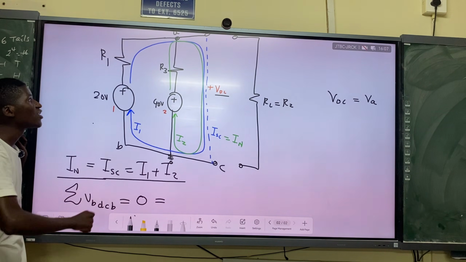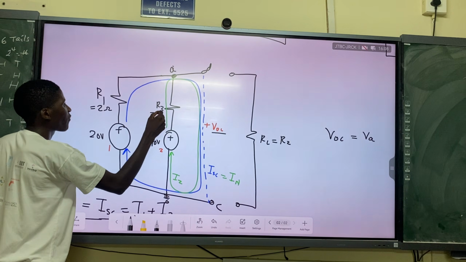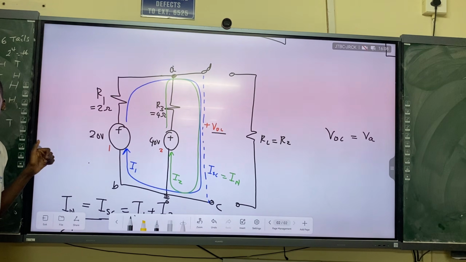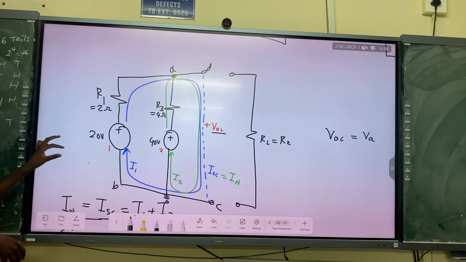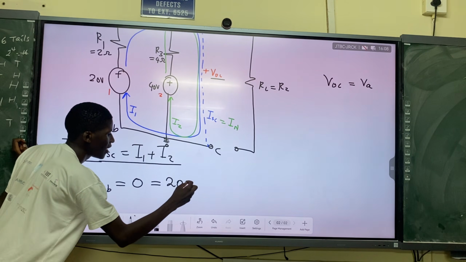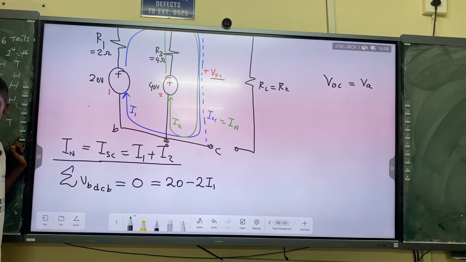As for the numbers, here we're going to put 2 ohms and 4 ohms. We are still using the previous values. So it means we're going to have positive 20 minus 2 times I1, just as before, exactly as we did.